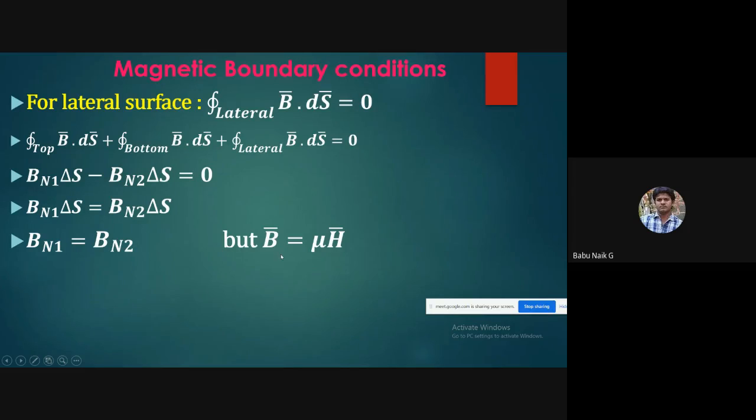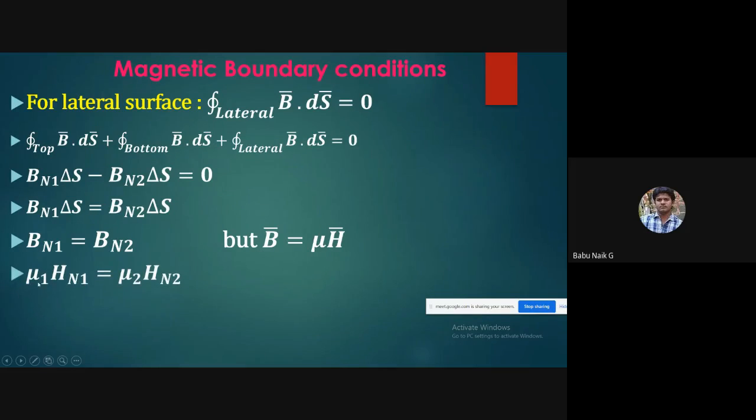Now you know the relationship between magnetic flux density and magnetic field intensity. Between them there is the permeability, either absolute or relative, which we are going to consider on the boundary condition line.